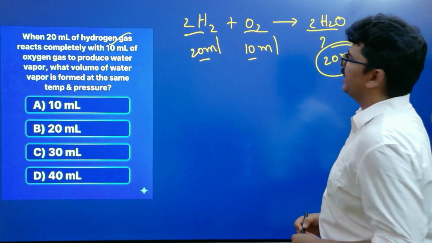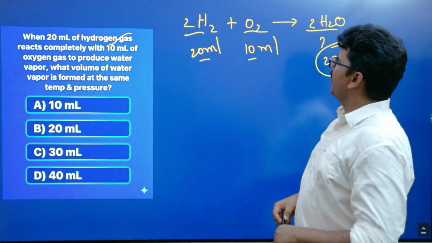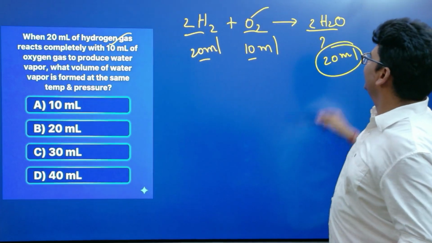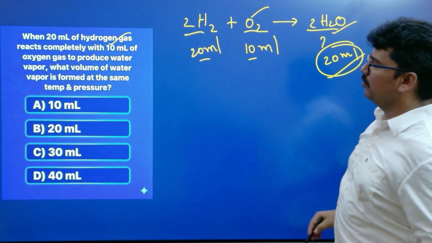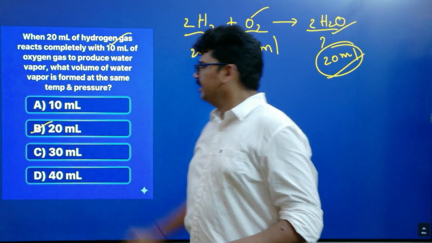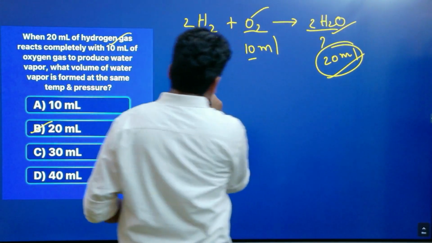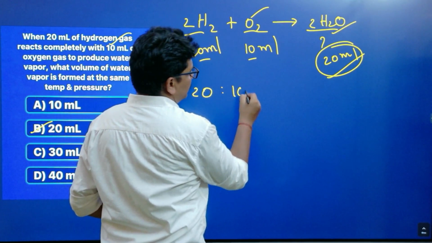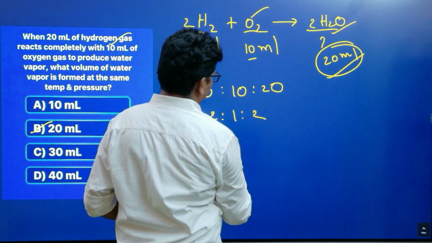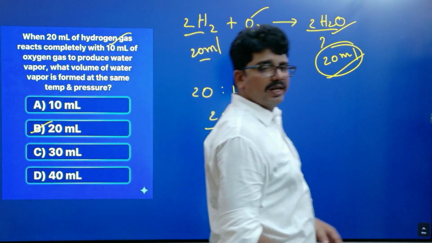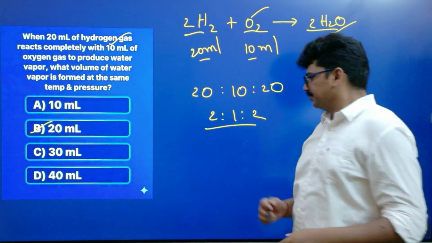It's not 30 ml. 2 moles of hydrogen combine with 1 mole of oxygen to give 2 moles of water vapor, so 20 ml of water vapor is formed. Take the ratio: 20 is to 10 is to 20, which is 2 is to 1 is to 2, a simple whole number ratio. This data follows Gay-Lussac's law of combining volumes.